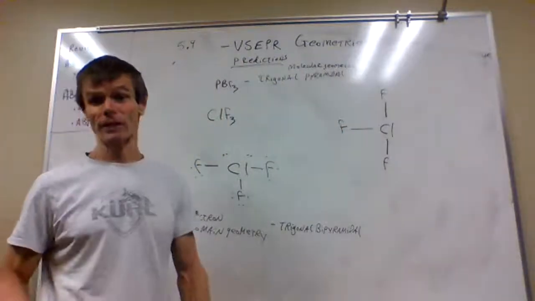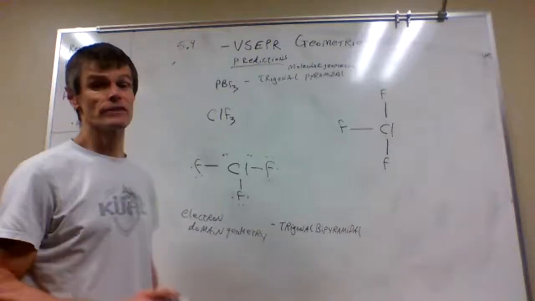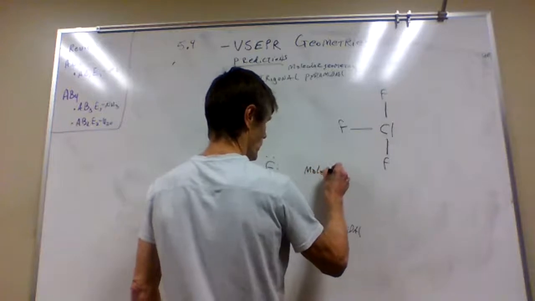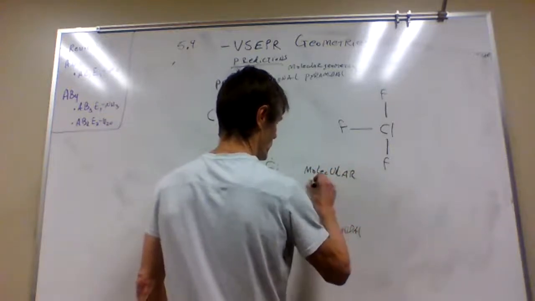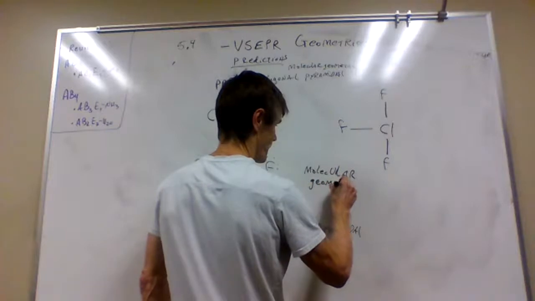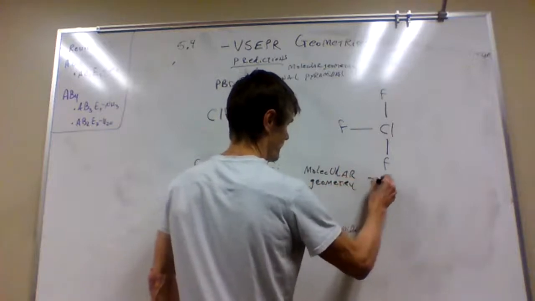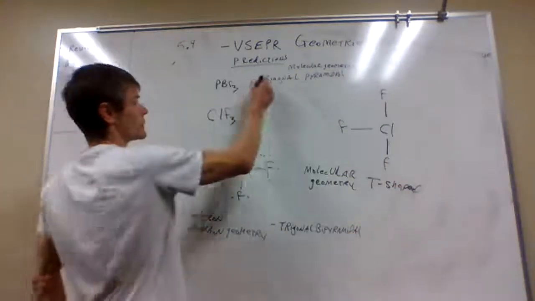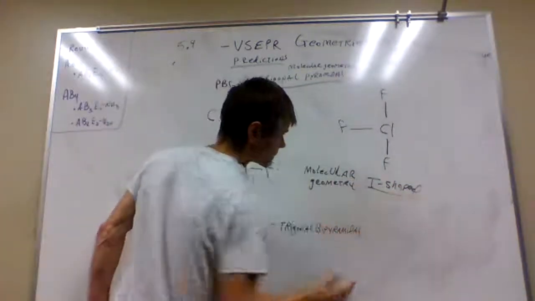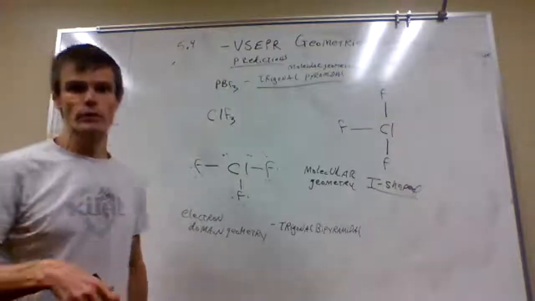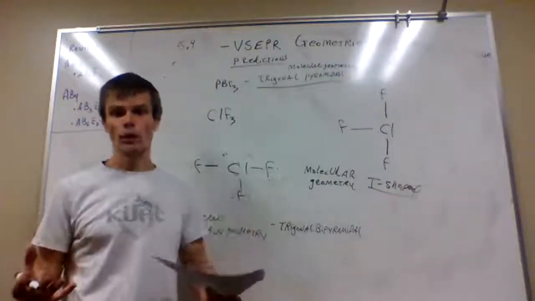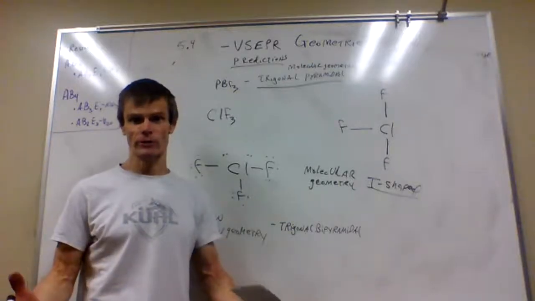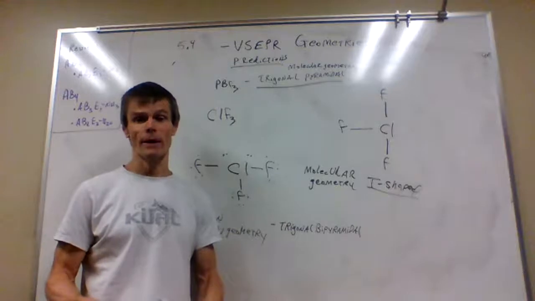What shape is that molecular geometry? It's T-shaped. So notice, similar formulas, different molecular geometries, because we're building the molecules from different types of electron domain geometries. That's an important take-home message.